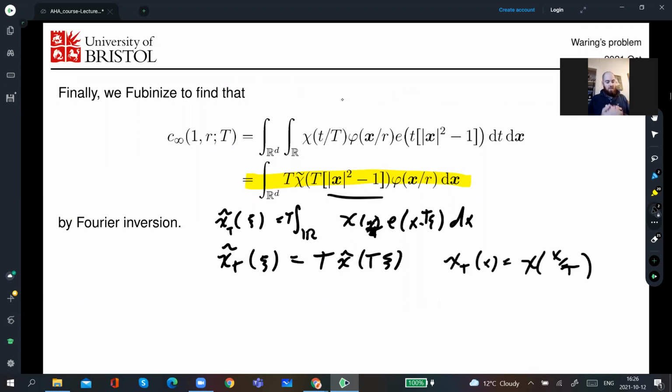You can take a Schwartz function and have one whose Fourier transform is also non-negative. If I start with a chi that had negative or even complex values, I just replace it by chi convolved with its conjugate. That now has a non-negative Fourier transform, because the Fourier transform turns convolution into multiplication and the conjugate goes through, so I have chi in absolute value squared when I take the Fourier transform. And a square is not negative.